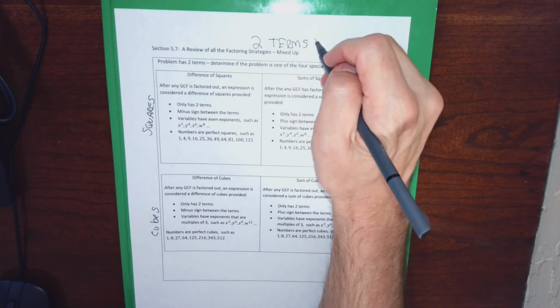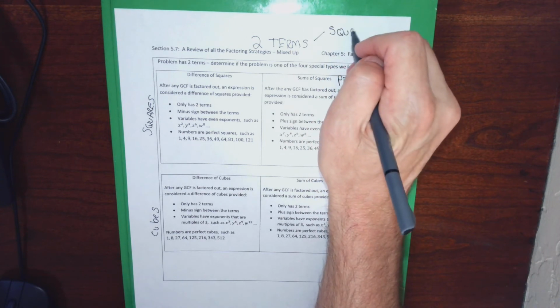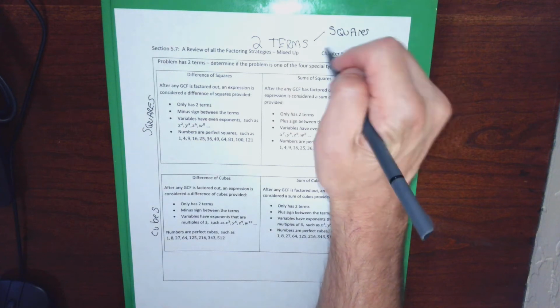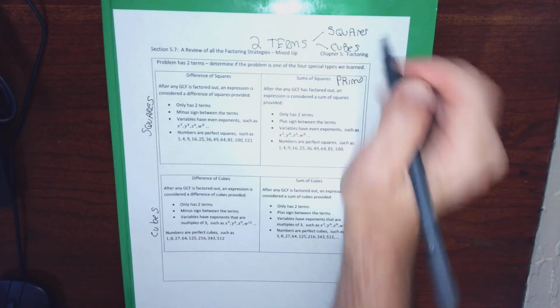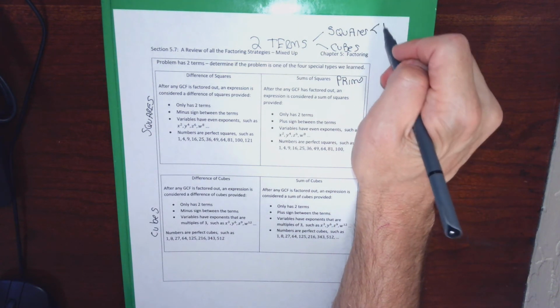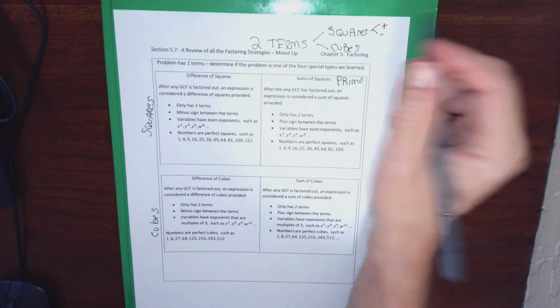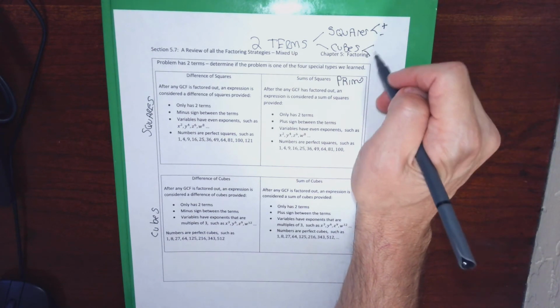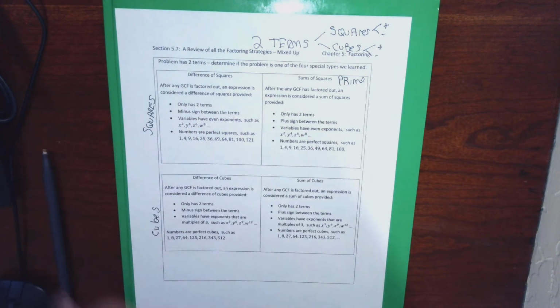And in the world of two terms, the big categories are squares and cubes. And in the world of squares, we have squares with pluses and squares with minuses, or sums of squares and differences of squares. And in the world of cubes, we have cubes with pluses and cubes with minuses.